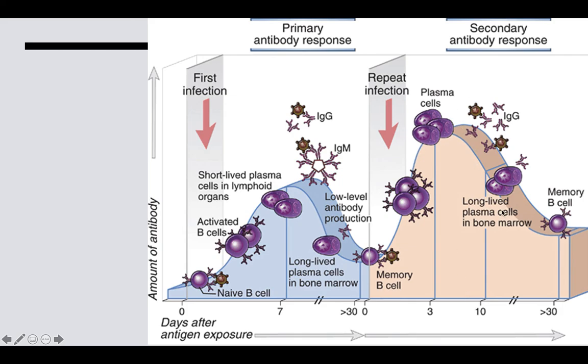Then, ganun ulit, as the body eliminates the antigen and the microbial pathogen, we expect that some memory B cells will still be kept intact. So, kung mayroon pang tertiary or other repeat infections, the body will be ready to fight it.